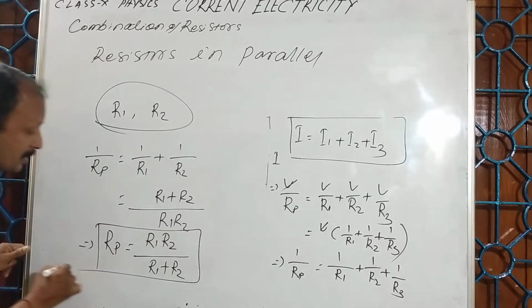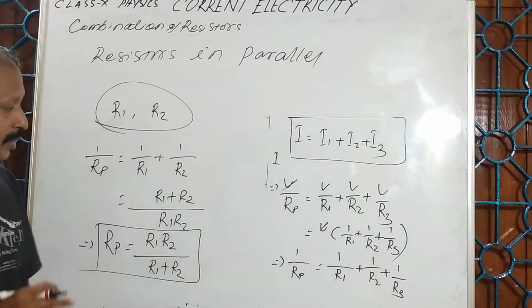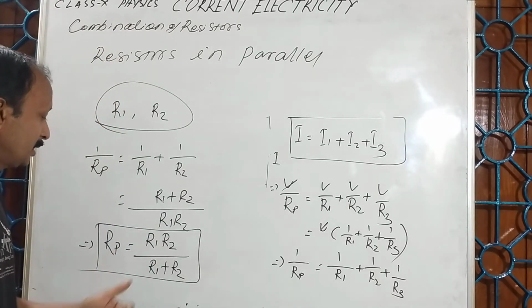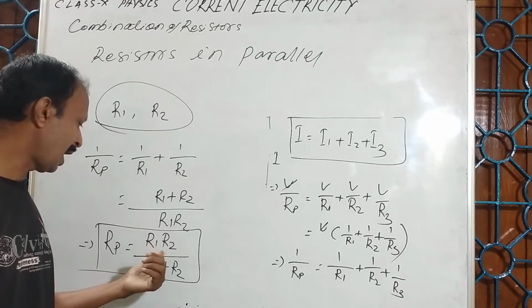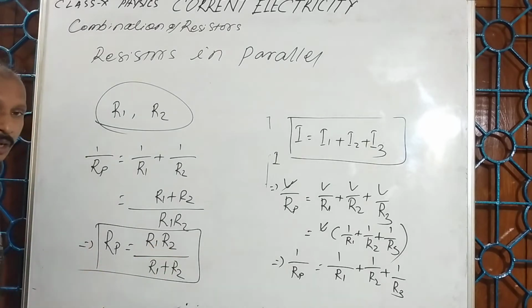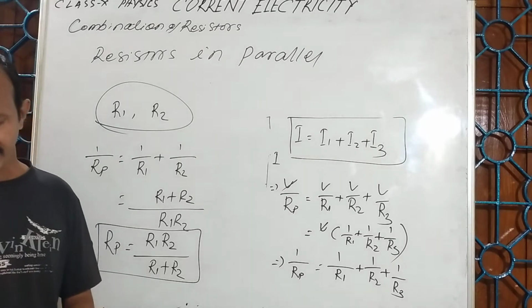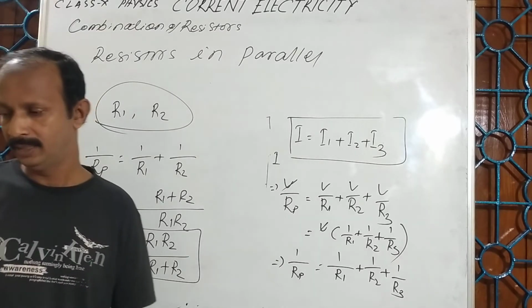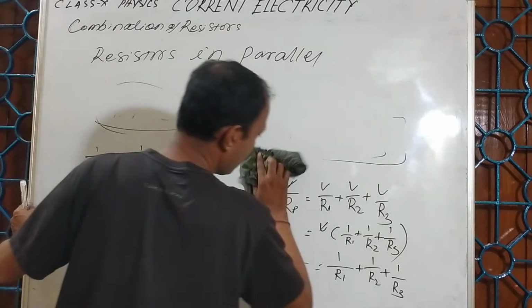So this is the equivalent resistance when two resistors R1 and R2 are connected in parallel. So this is about series and parallel.